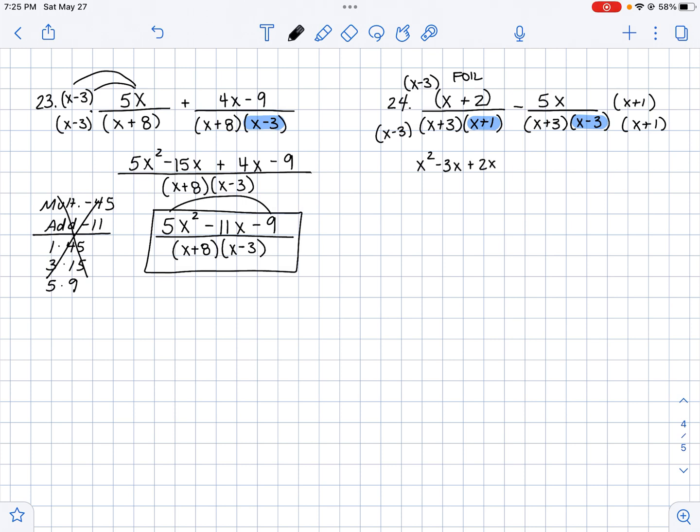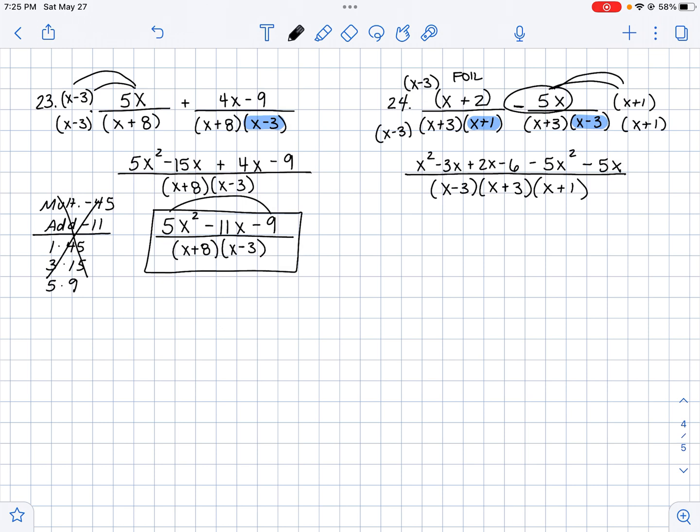So I get x squared minus 3x plus 2x minus 6. And then I'm going to distribute here. So I get minus 5x squared and minus 5x. And again, I'm distributing this whole negative just to make it easier. And then all over my common denominator of (x minus 3)(x plus 3)(x plus 1).